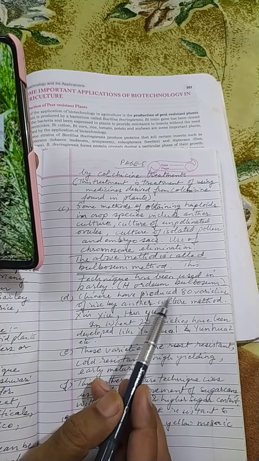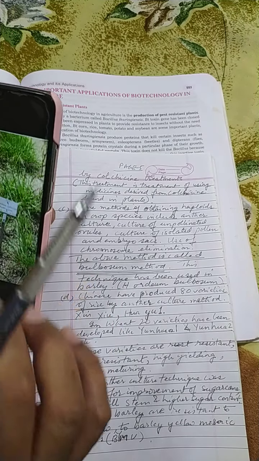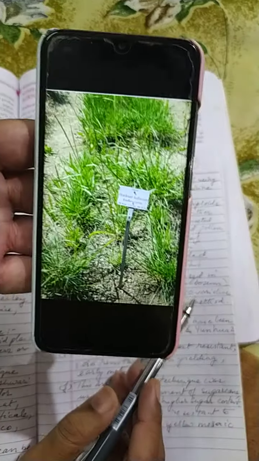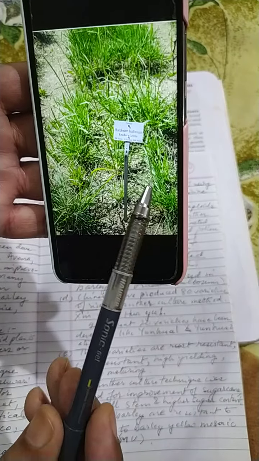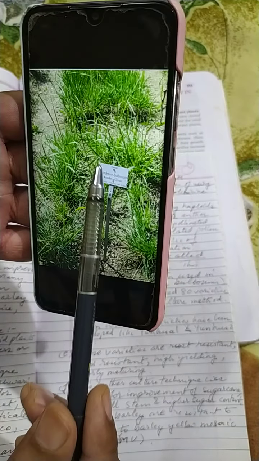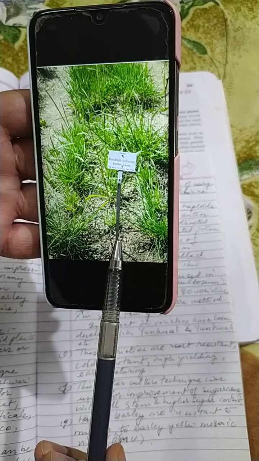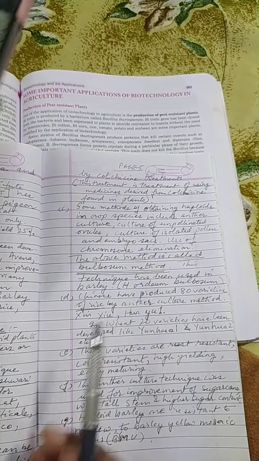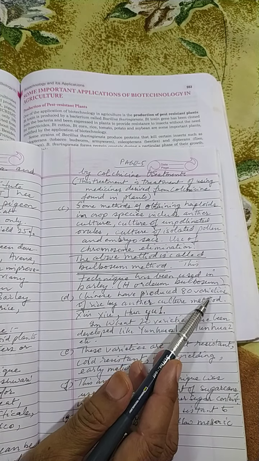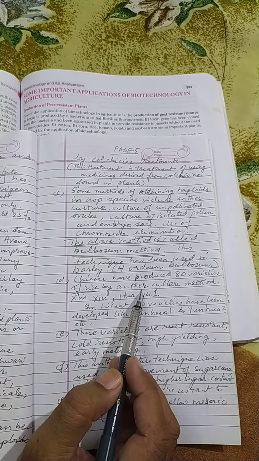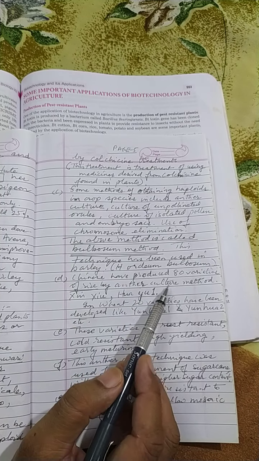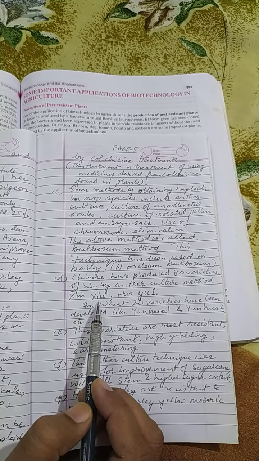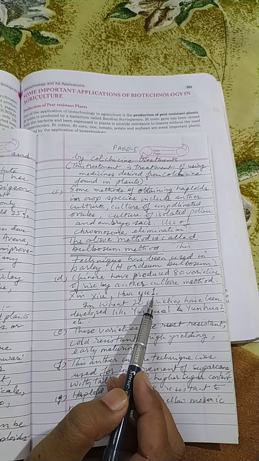The Chinese have produced almost 80 varieties using this method. Here we see the Bulbosum method, which has been used for barley. The Chinese have produced 80 varieties of rice by the anther culture method, like Zinzua, Hua U1.